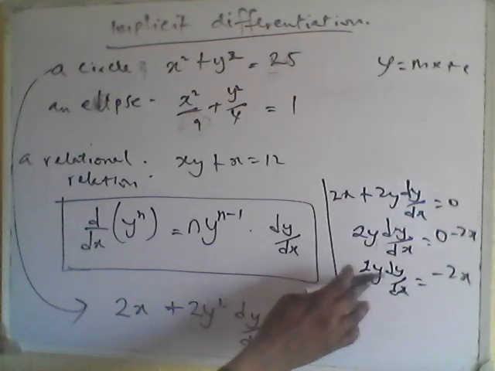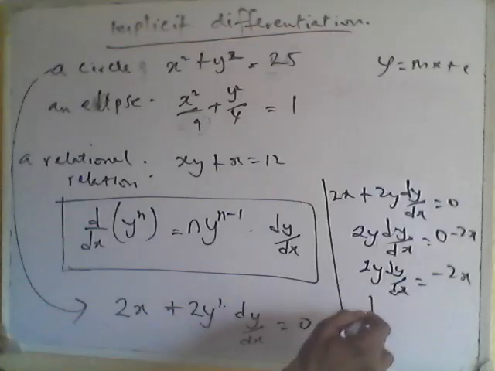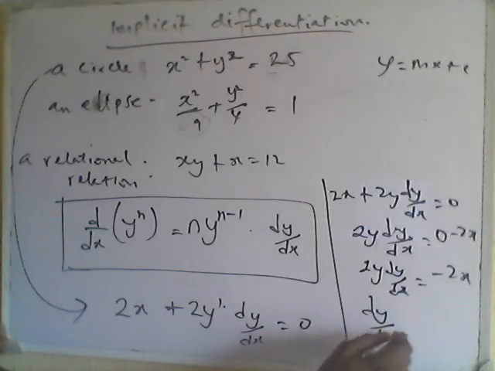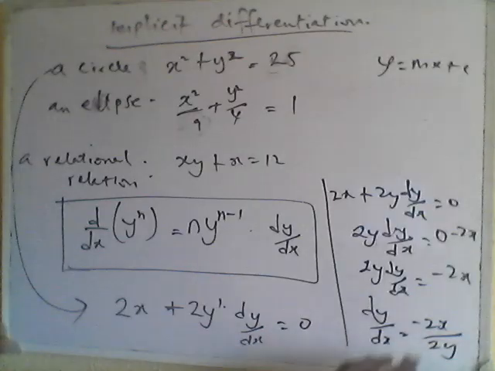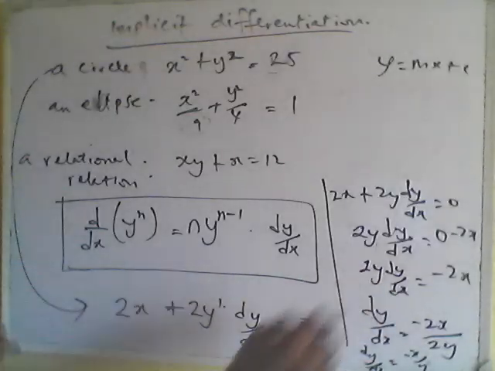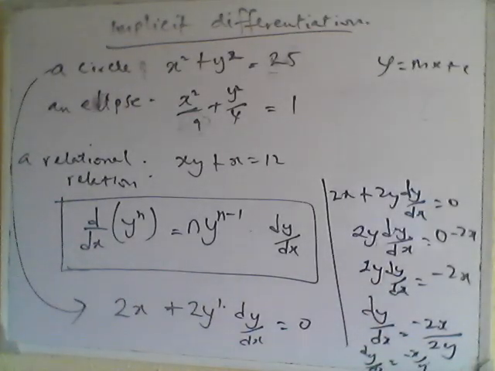Then I will divide both sides by 2y. So dy/dx is equal to minus 2x over 2y. It can cancel, right? So dy/dx is equal to minus x over y. This is just a snippet of what we're going to be seeing under this particular subtopic, implicit differentiation.